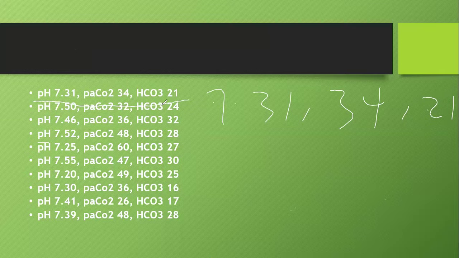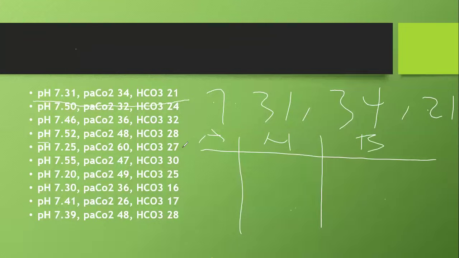I got metabolic acidosis, partially compensated. Would you like to take us through? Yes, please. With a pH of 7.31, it's acid. Carbon dioxide is 34, so that one is base.